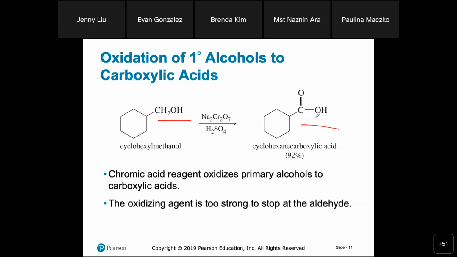Because it is so strong and so fast that we cannot stop at the aldehyde. So the reaction goes very fast and produces the acid. This is the reason that cyclohexyl methanol forms cyclohexane carboxylic acid under oxidation conditions when we use sodium chromate in acid.